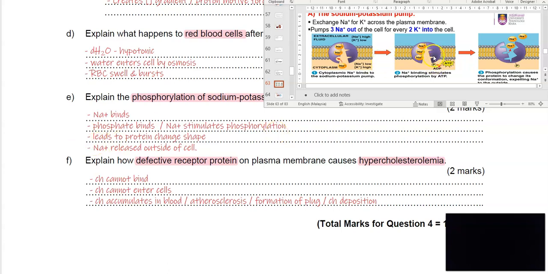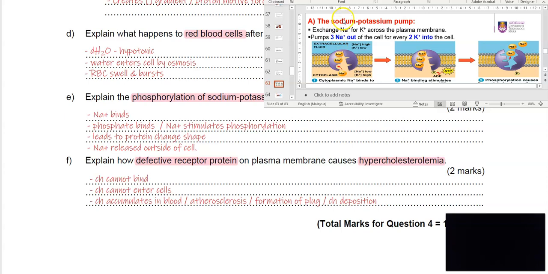The attachment of the phosphate causes the protein to change shape, so the binding site is now not compatible with the sodium ion. So sodium ion will be released to the outside of the cell. This is how sodium is moved from inside to outside of the cell using the sodium potassium pump.